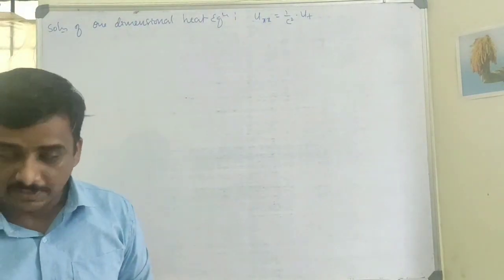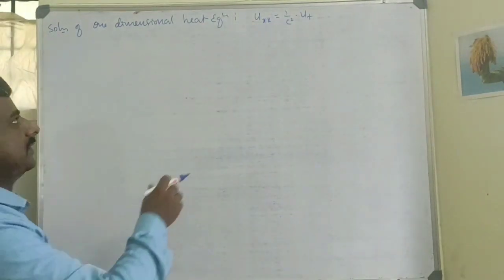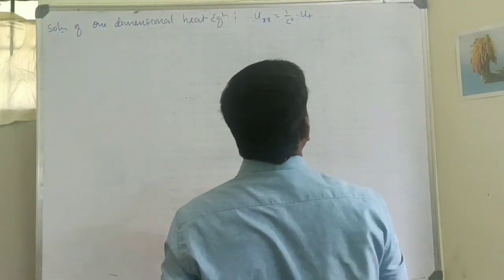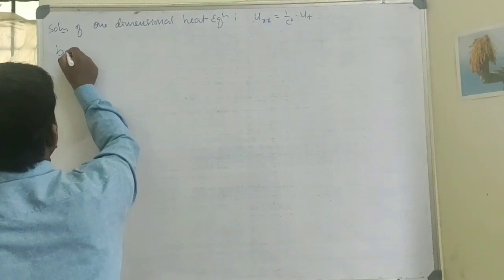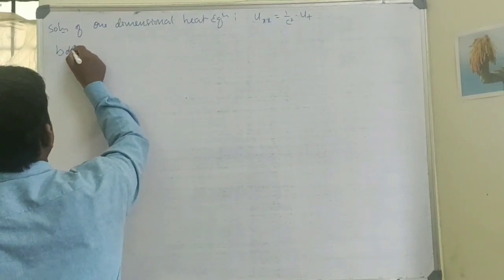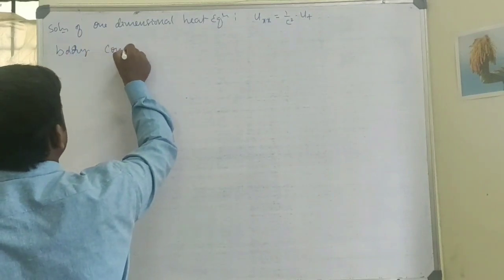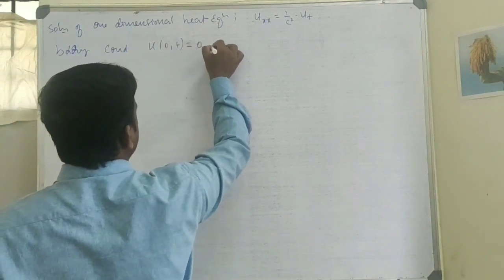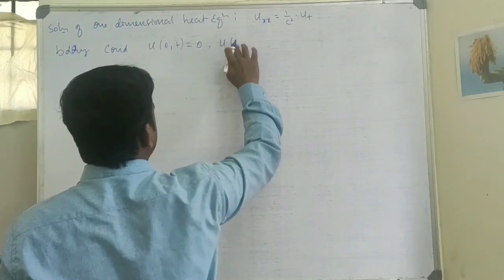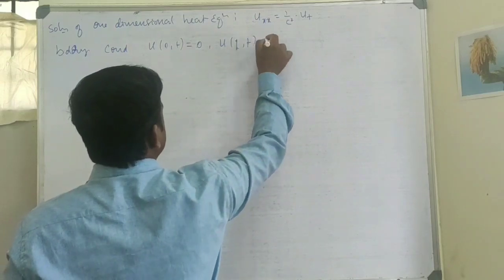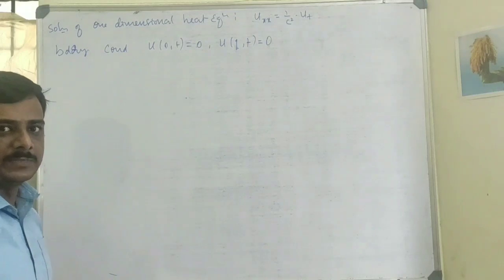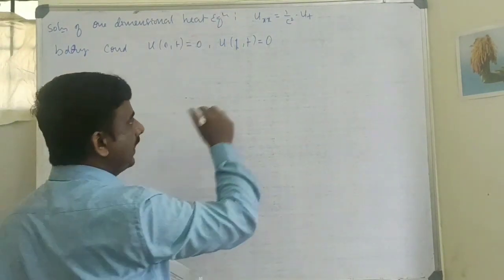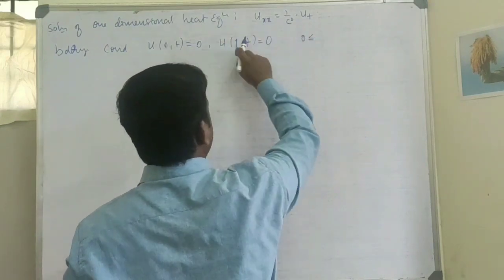As I said in the previous case, here you will be given this equation for some particular value of c, then the boundary conditions, that is u of 0 comma t equal to 0, u of L comma t equal to 0. So obviously from this we can observe that x varies between 0 and L.